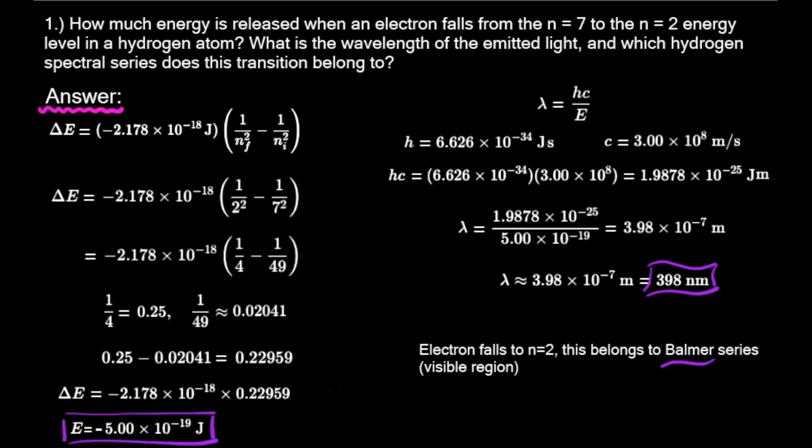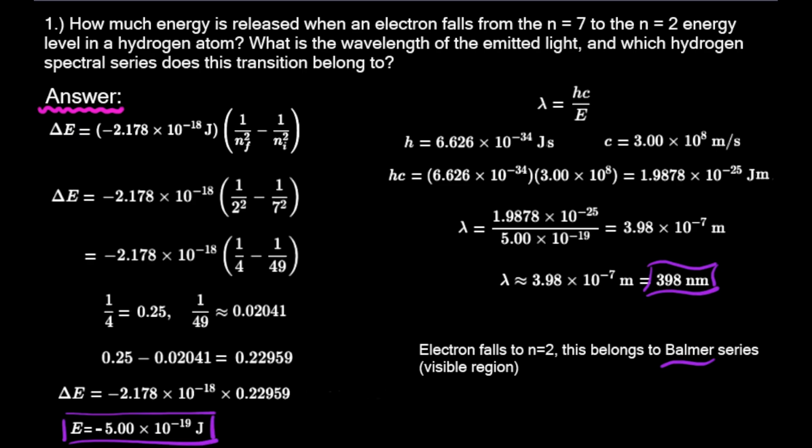Subtracting these values gives 0.25 minus 0.02041. That equals 0.22959. Now multiplying the two numbers, we get delta E equals negative 2.178 times 10 to the negative 18 times 0.22959.